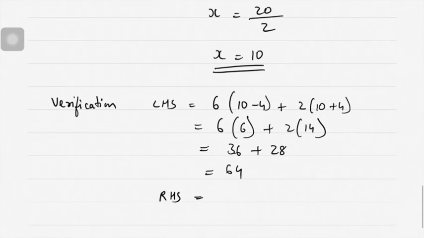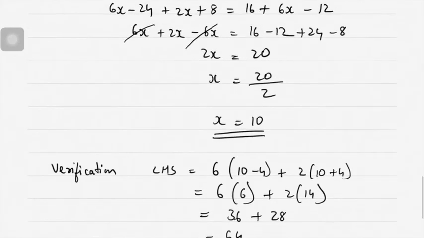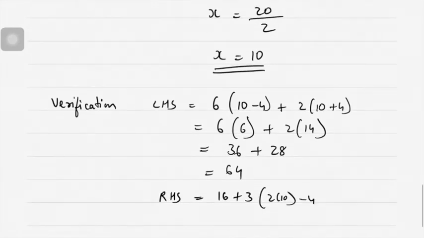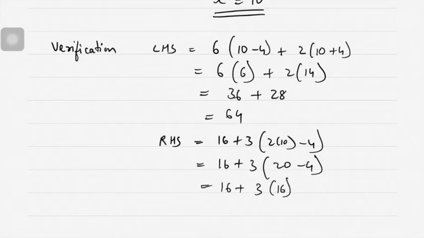My right hand side is 16 plus 3 in the bracket 2x. So 2 into 10 minus 4. Fine. So let's see this. 16 plus 3, 20 minus 4 is 16, correct?